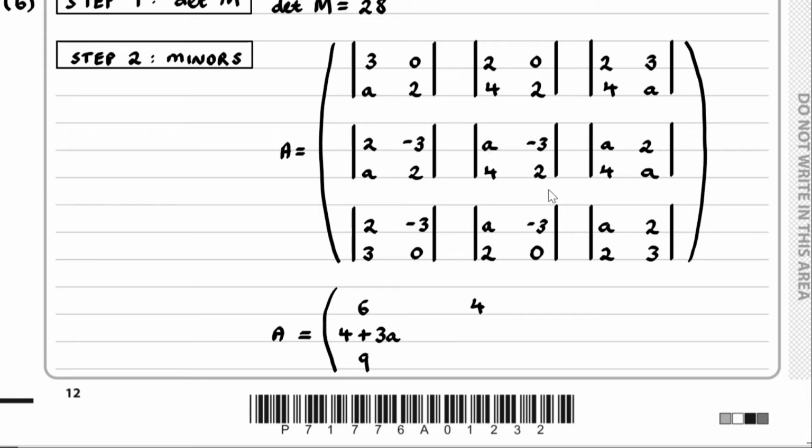Then I've got 2A subtract negative 12, which is 2A plus 12. And then I've got 0 subtract negative 6, which is positive 6. Then I've got 2A subtract 12, then a squared subtract 8, then 3a subtract 4. So this is the matrix of the minus.